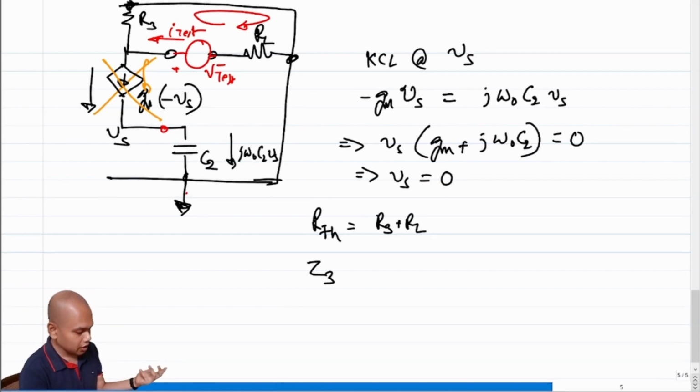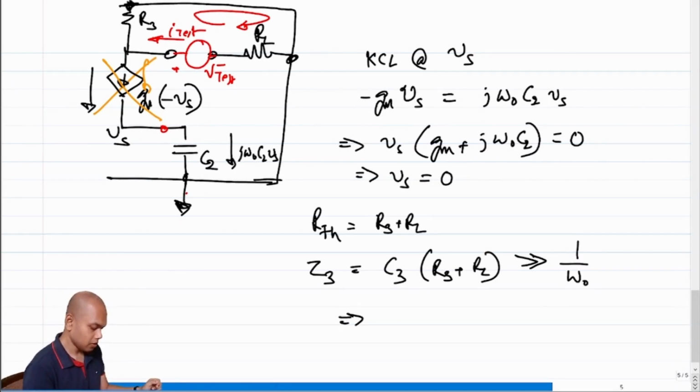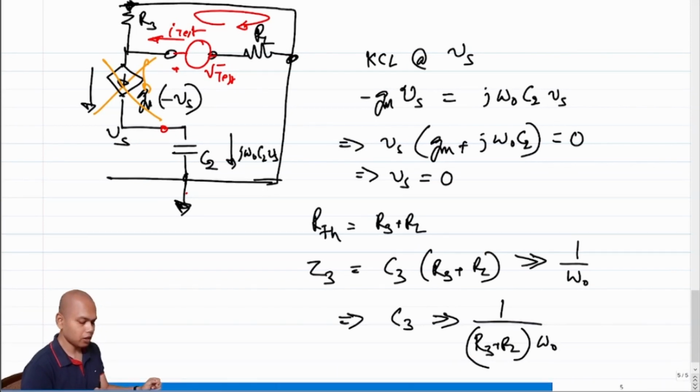the time constant associated with the capacitor C3, is C3 times R3 plus RL, and this has to be much greater than 1 over omega naught, which means C3 has to be much greater than 1 over R3 plus RL times omega naught, right?